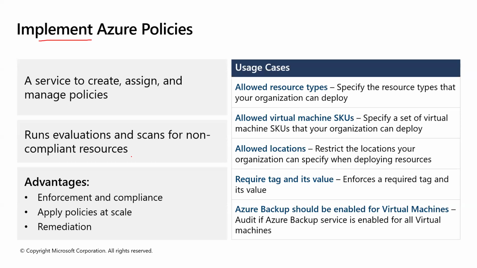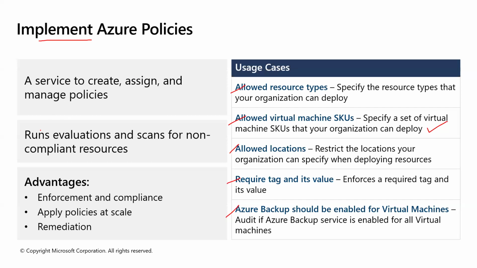So that's why I will use policies like allowed resource types, allowed virtual machine sizes, and allowed locations. These are the use cases I'm going to attach to the policy, so that if someone tries to run a big machine under the dev subscription, it will be restricted, right?